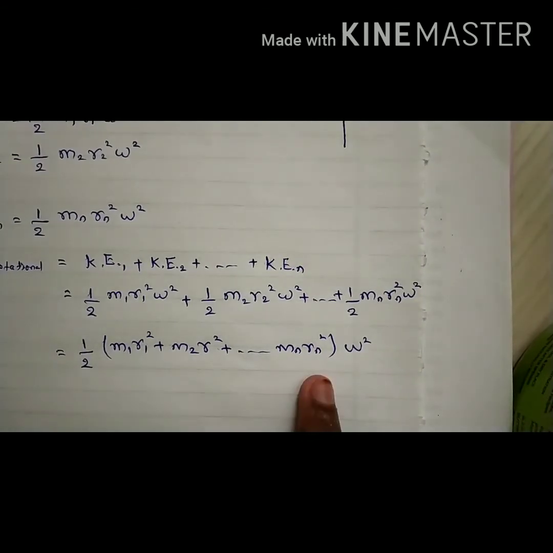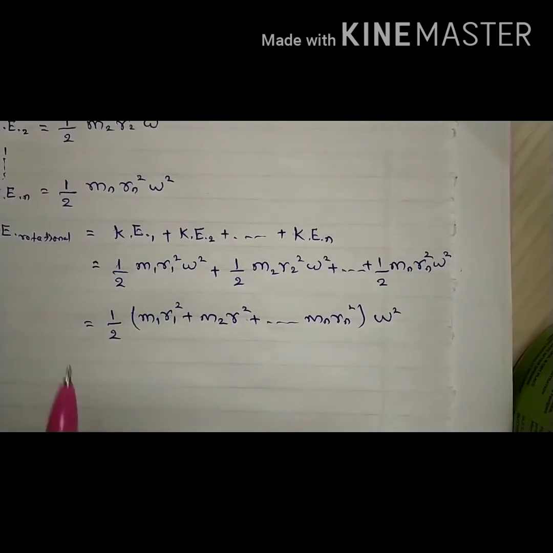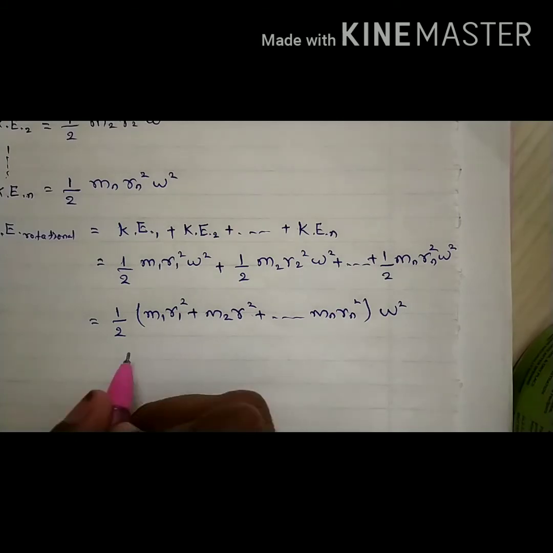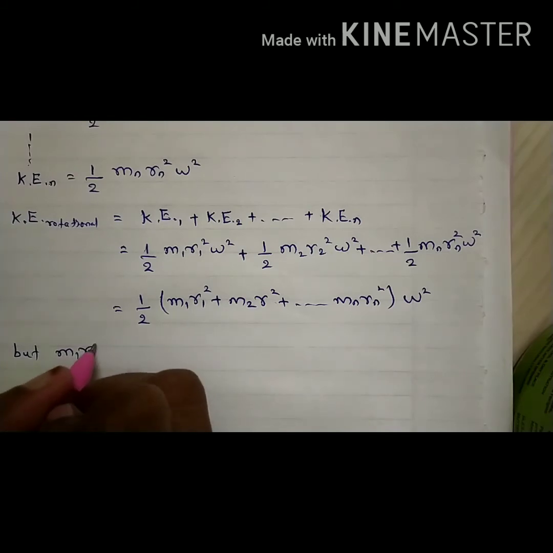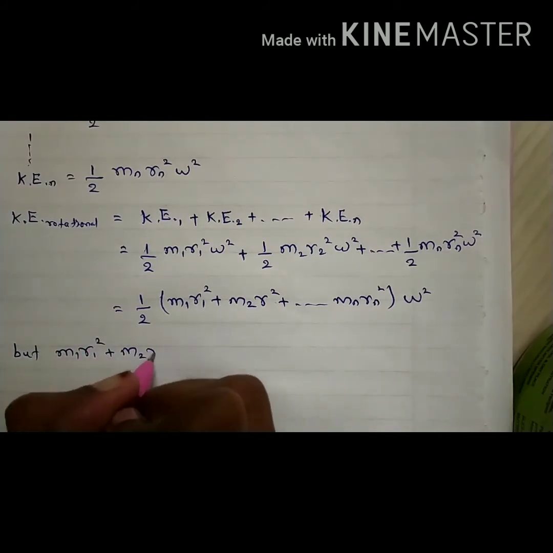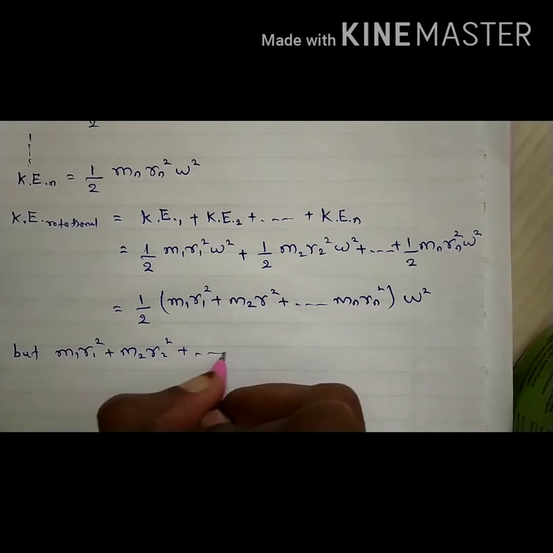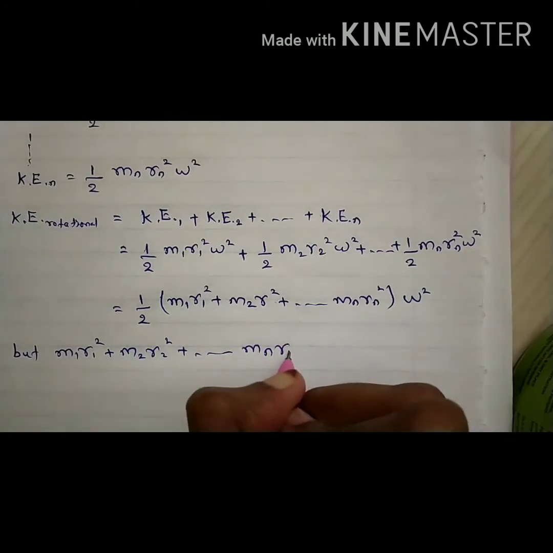And what is this term, m1 r1 square plus m2 r2 square plus up to mn rn square?